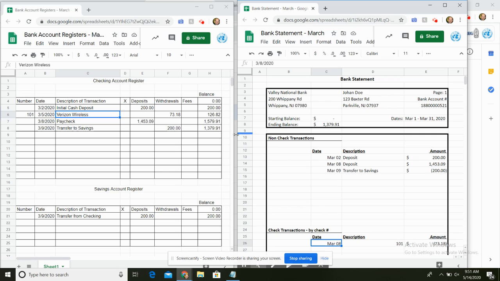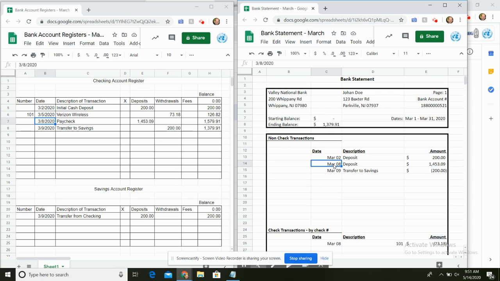Now, notice that when you put money into the bank on March the 2nd, it immediately showed up on March the 2nd. The second deposit from your paycheck immediately showed up. Why? Most likely that's the case where you went to the bank, wrote out the deposit slip while you were there, handed the cash over, and it all happened on the exact same day.